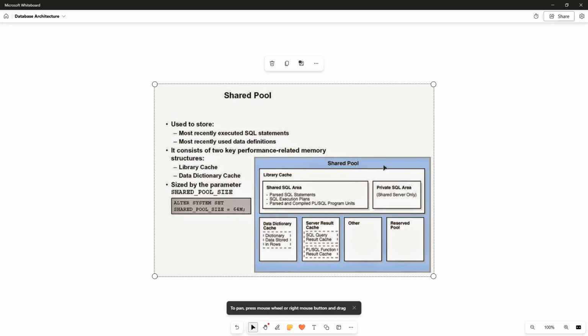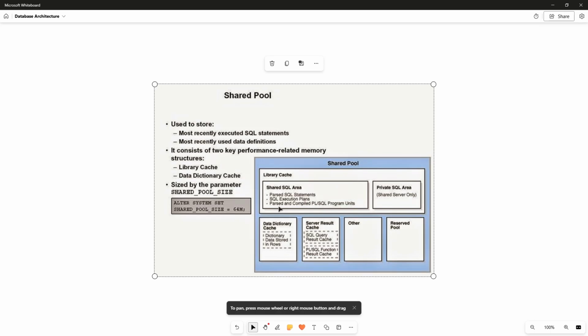Okay, so let's look at what exactly library cache has. It again is divided into two parts, right? It consists of two key performance related memory structures. So one structure is library cache. Library cache has a shared SQL area, where your SQL statements will be parsed, and your SQL execution plans will be created and stored.